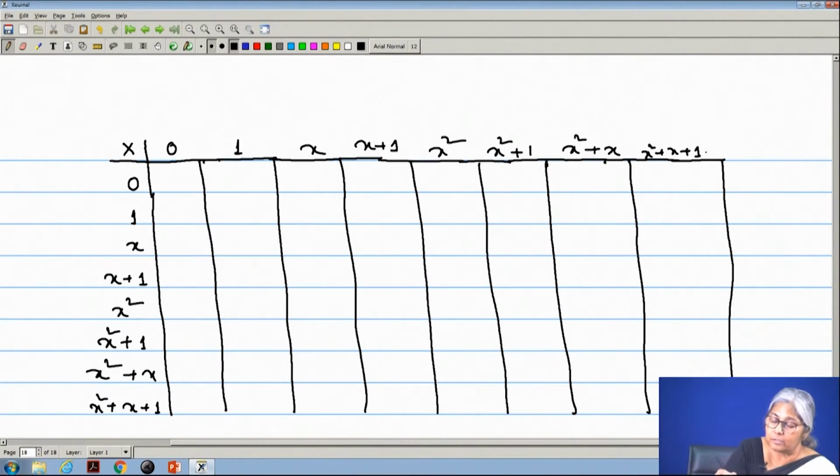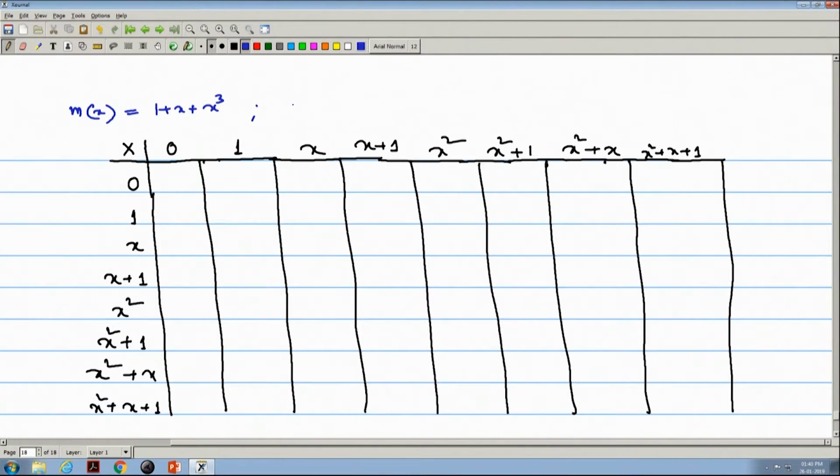Now, I write my mx, because this time I have to take Rx, mx equal to 1 plus x cube, and I have to do here, since it is multiplication.